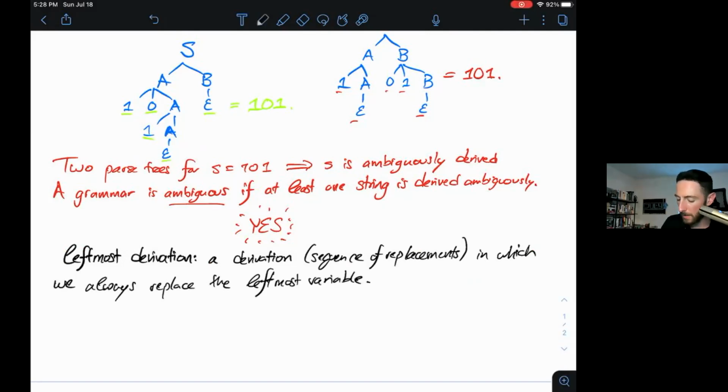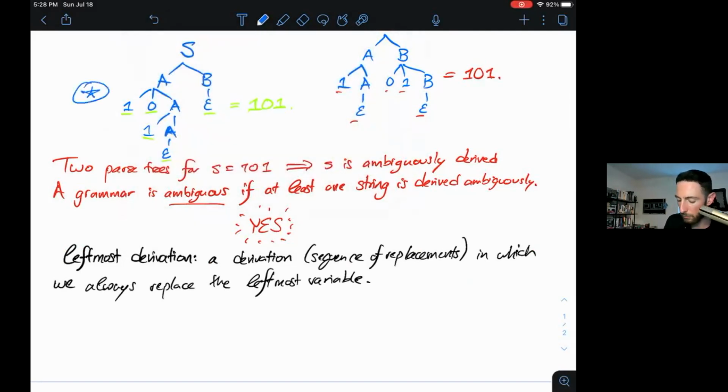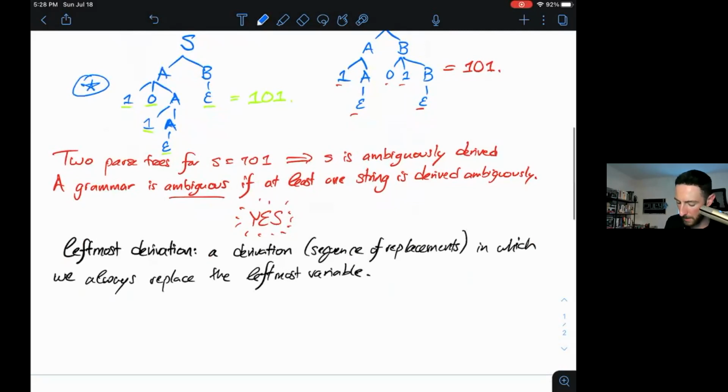So if I were to take my first parse tree up here and write it out as a leftmost derivation, I would start with S, do my double arrow for yields, produces, derives. I think yields is the word the textbook uses.